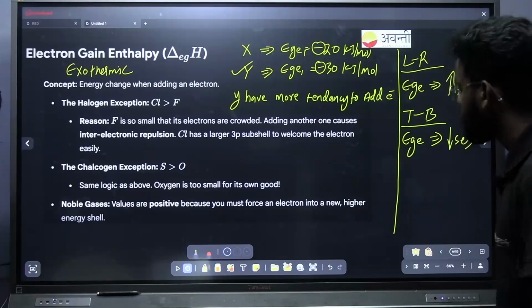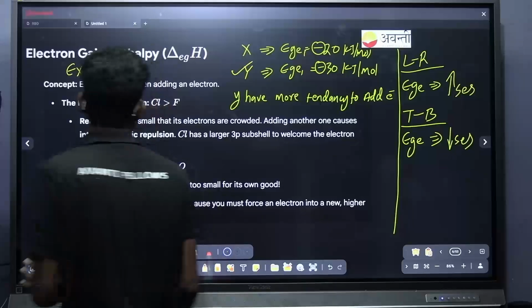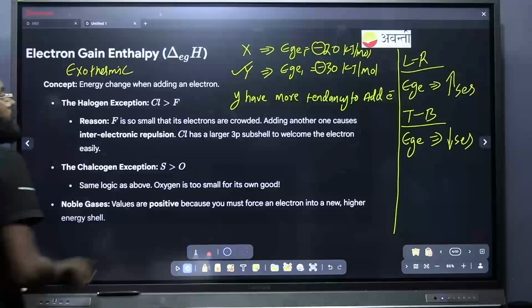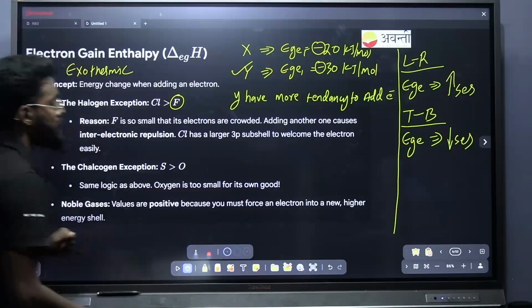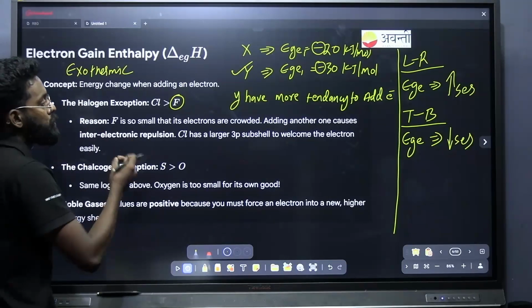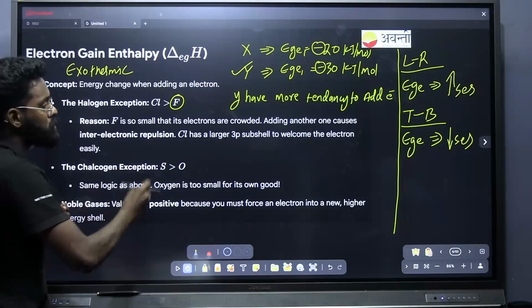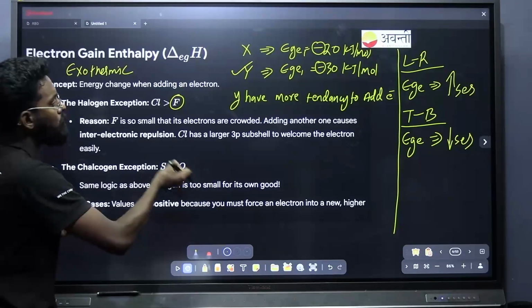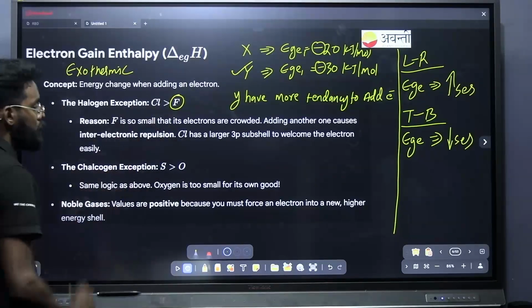Okay. Now there are exceptions. The first exception I want everyone to note is the halogens. Normally we would think that fluorine has the highest electron gain enthalpy, but due to its high charge density and repulsion to the incoming electron, fluorine has lesser electron gain enthalpy compared to chlorine.